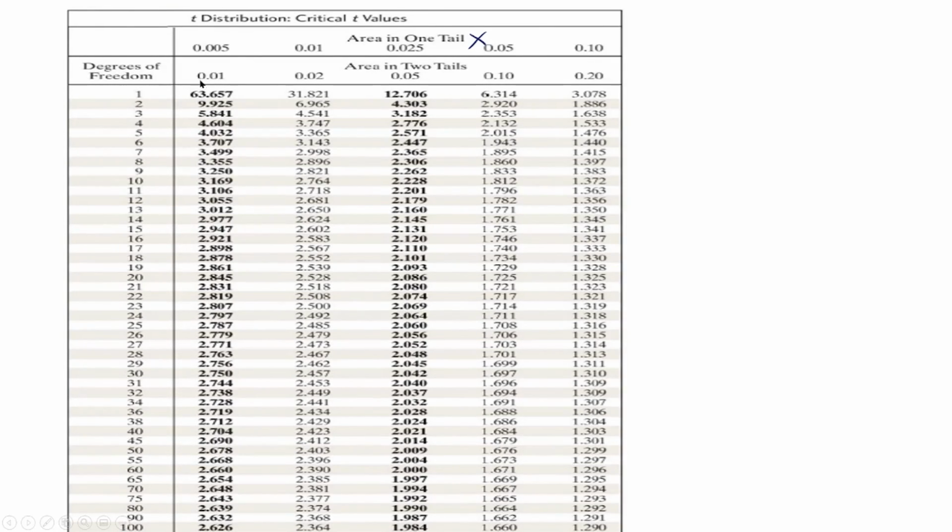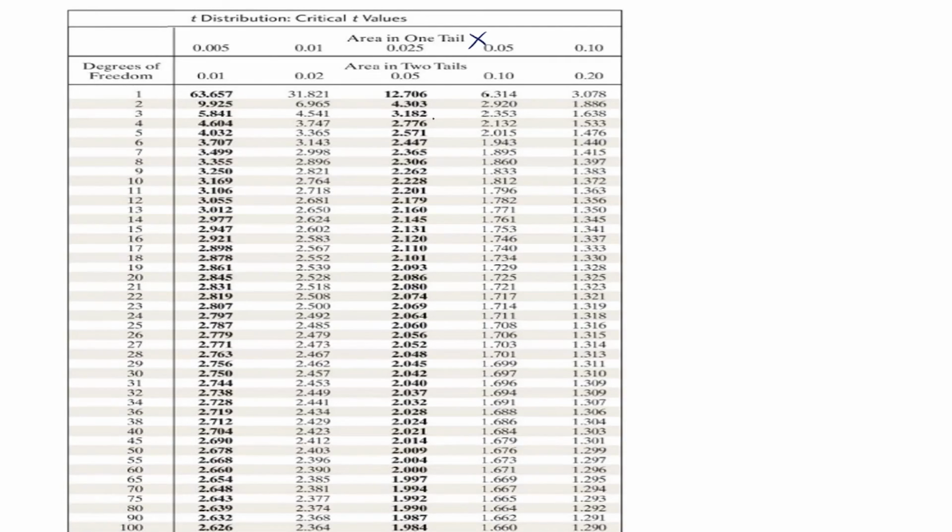If it is 0.01, then all these values will give the table value of t at 1% level of significance for different degrees of freedom. Here all these values will give the t value for 2% level of significance and different degrees of freedom. All these will give the various t values for 5% level of significance and various degrees of freedom, and so on.